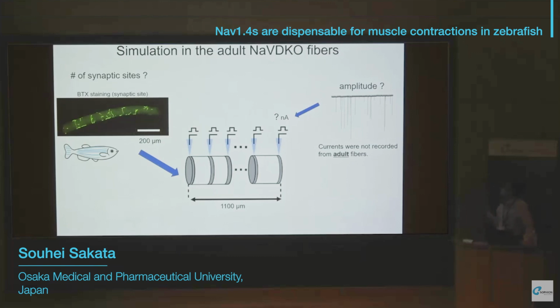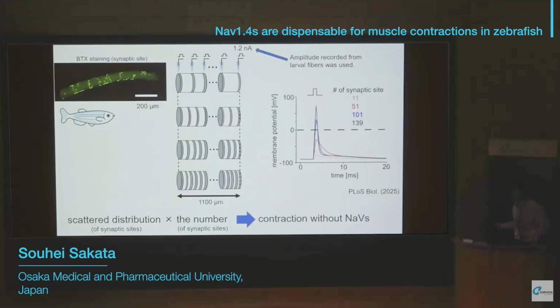And we cannot record the current because this fiber is too large to clamp the voltage with a conventional patch clamp system. So I performed simulations changing the number of synaptic sites, and we used an amplitude of 1.2 nanoamps.